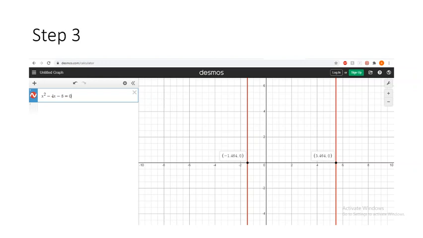And in just those three steps, you were able to use the graphing calculator in order to find the zeros for that equation. A process that's much faster, much simpler than the algebraic processes of completing the square or using the quadratic formula.